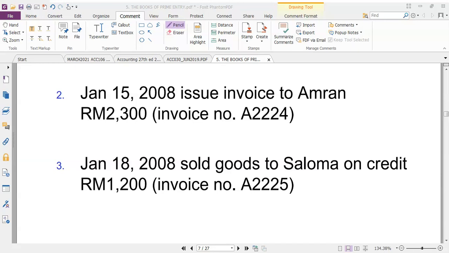Nak download pun tak boleh. Kalau nampak ni lagi seronok, kita boleh nampak the real.